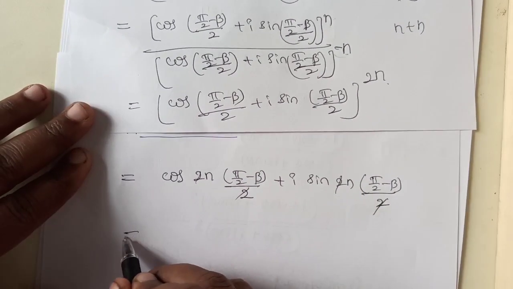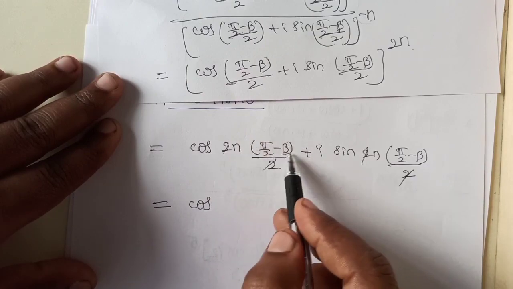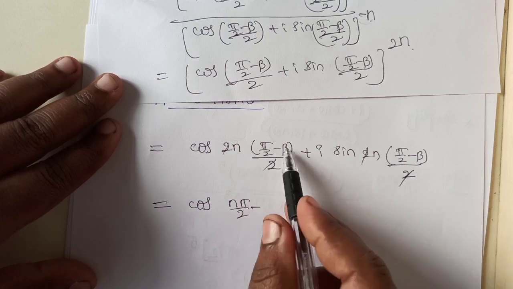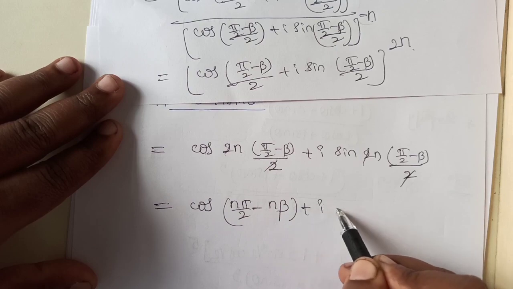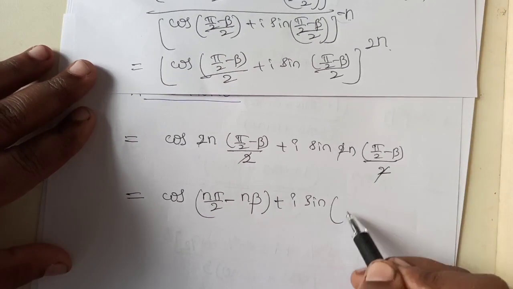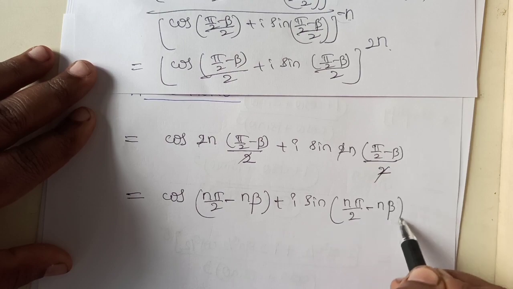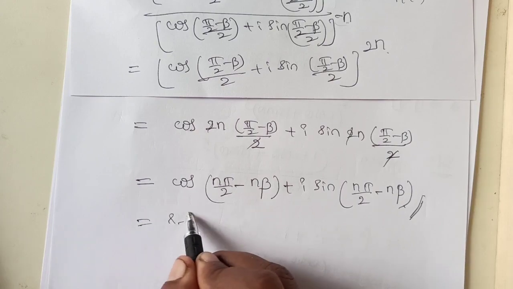Okay, so then we get cos, so n can be multiplied with this angle, cos n pi by 2 minus n beta plus I sin n pi by 2 minus n beta. So this is the required answer. So this is the RHS.